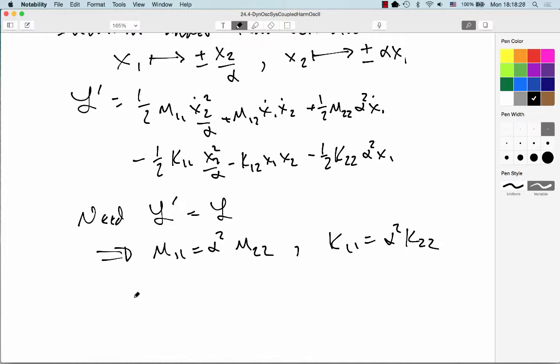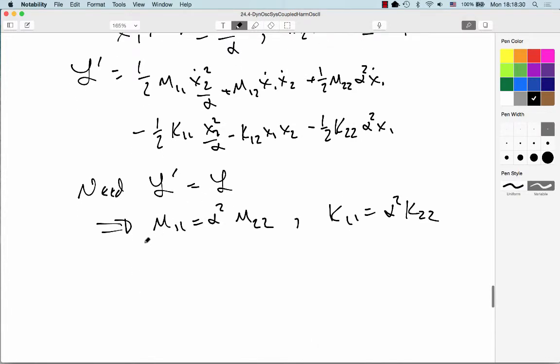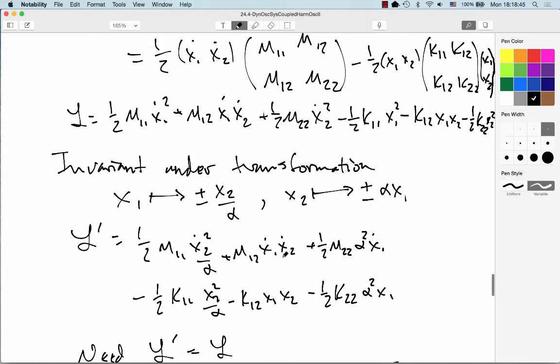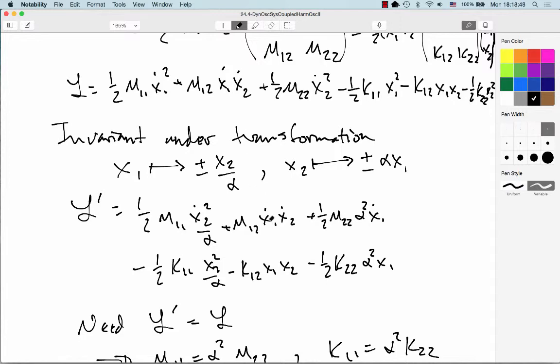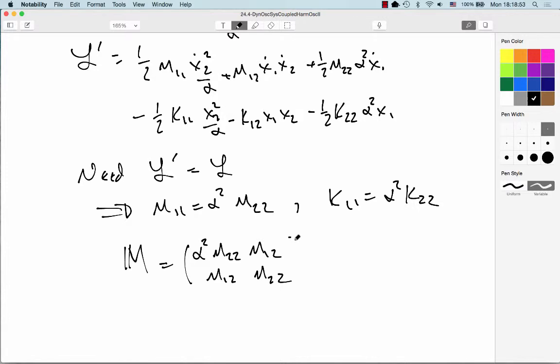So this means that I can write my mass matrix as, I can replace the m11 with an alpha squared m22, m12, m12, m22, because we can see the 1, 2 terms here are still the same, right? Okay, so that all works. And similarly, I would have to write my k as alpha squared k22, k12, k12, k22, like so.